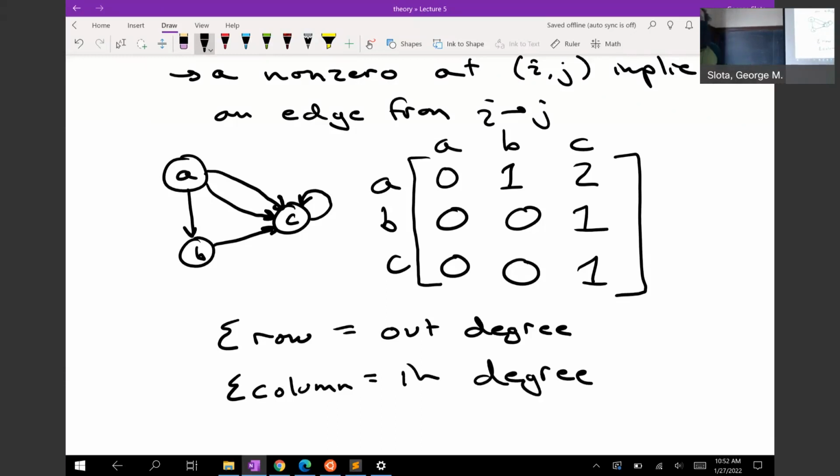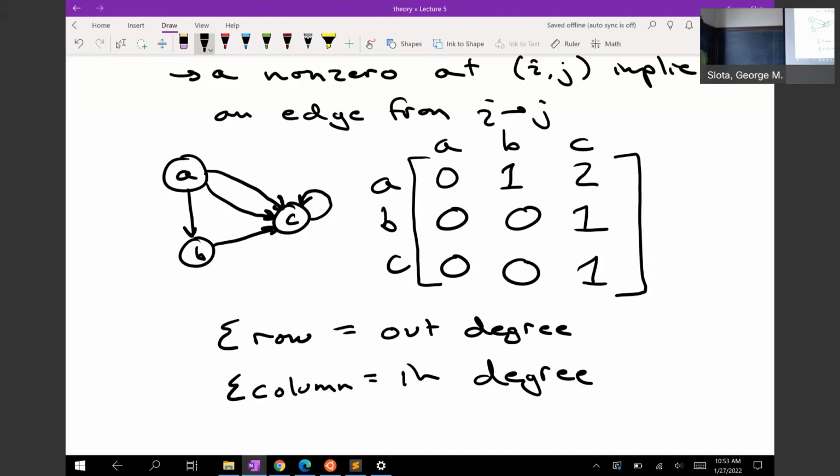So we got some out degrees, we got some in degrees. There's a differentiation here. I don't think we've properly defined this, but the out degree is essentially the number of edges coming out of a vertex. The in degree is the number of edges pointing to that vertex. So out degree, edges pointing out; in degree, edges pointing in.